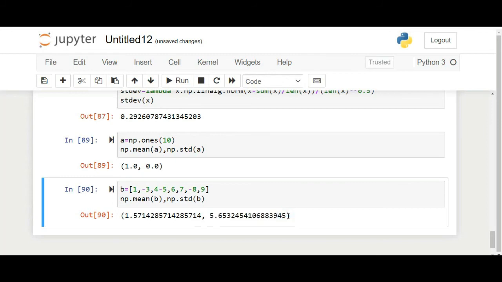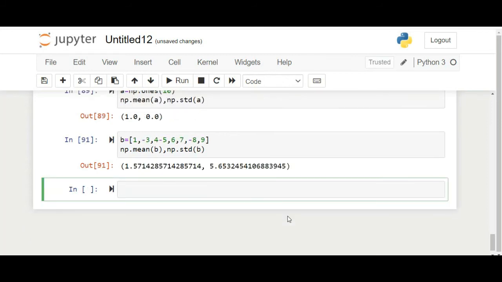Okay, in the same case, if we move a little forward, then I will take c, and c is equal to the data. We can take any data: 3 comma 5 comma 6 comma 7 comma 3 comma 12 comma 34 comma 56 comma 67, just like that.